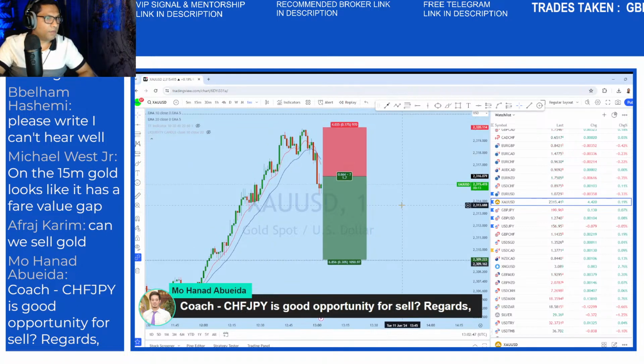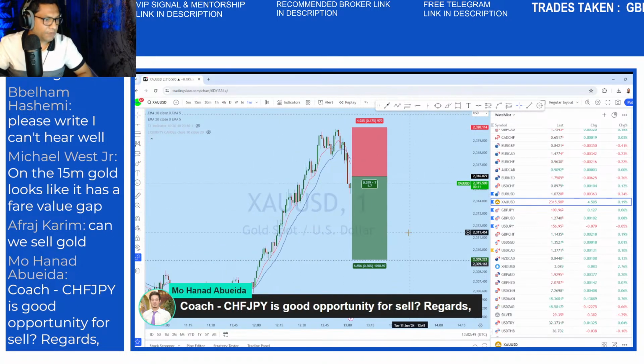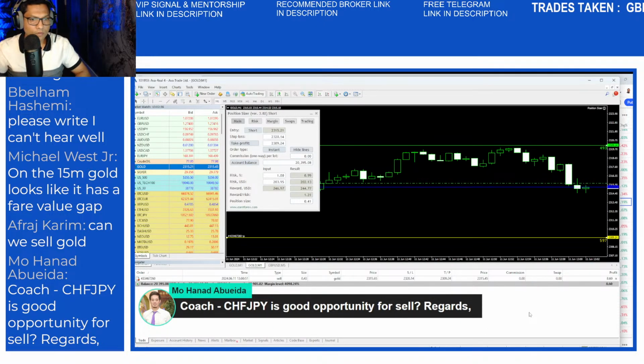Okay, it's the 1 minute because it broke, expecting it to drop to this liquidity zone. Look at it, guys.